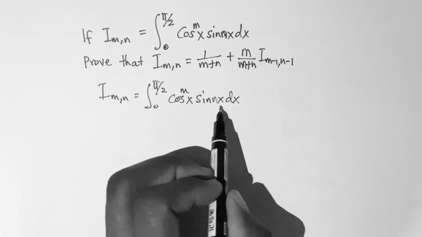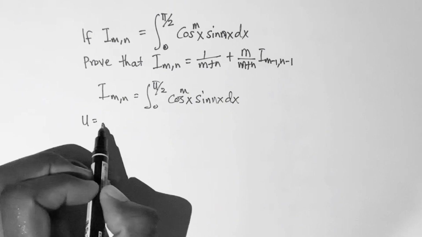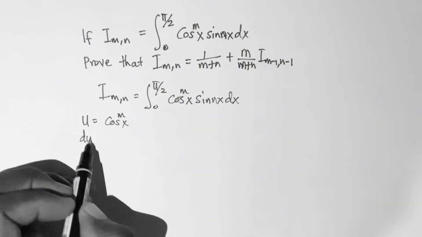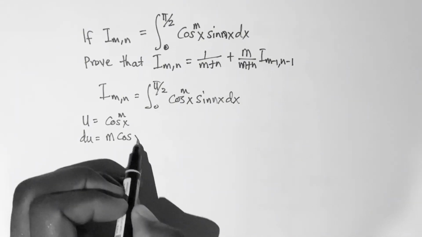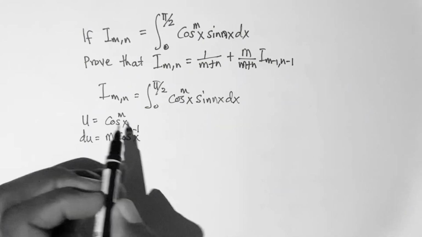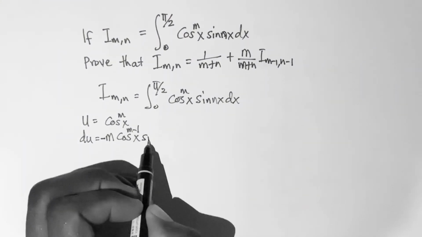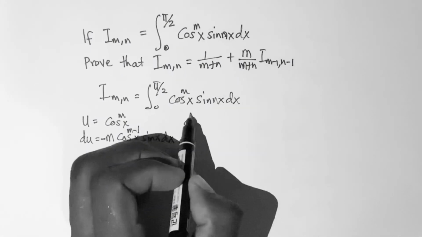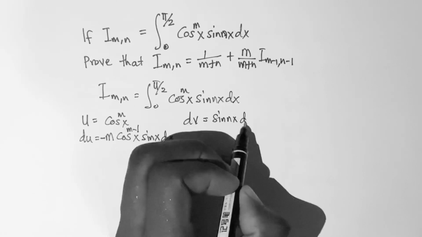So you see that we can easily integrate sine nx. So therefore, our u is equal to cos x exponent m. So du in this case, bring m down, then cos x exponent m minus 1. But if you differentiate cos itself, it will give us minus sine x dx. Then dv in this case is sine nx dx.